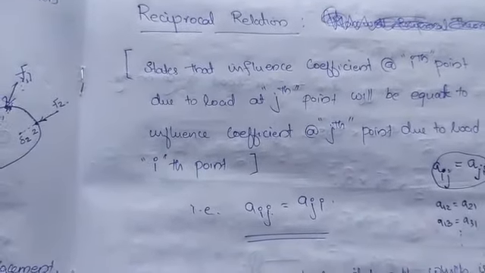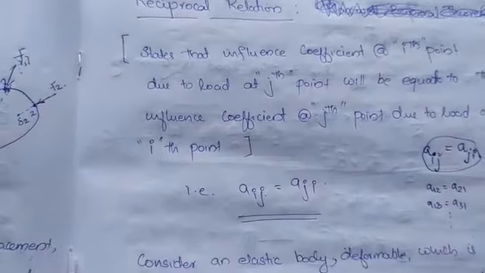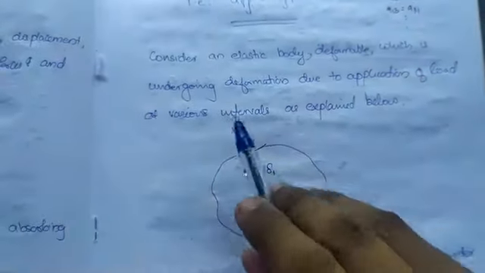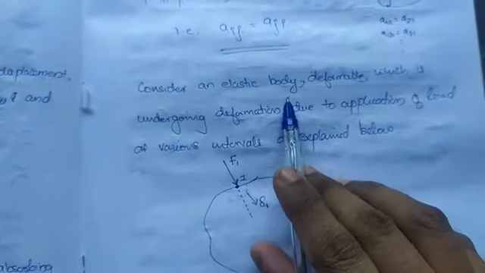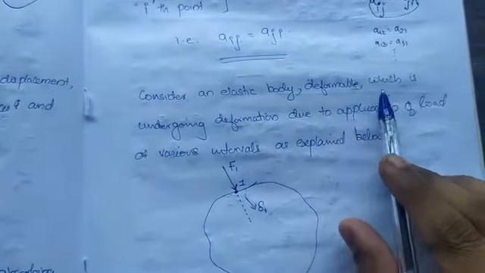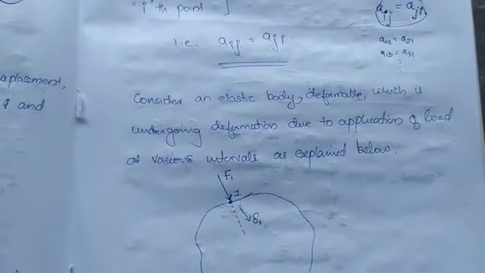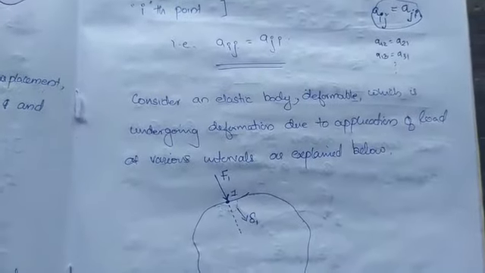So we'll see how we could derive this. For a similar condition, we consider an elastic body which is deformable, undergoing deformation due to application of load at various intervals, as explained below.